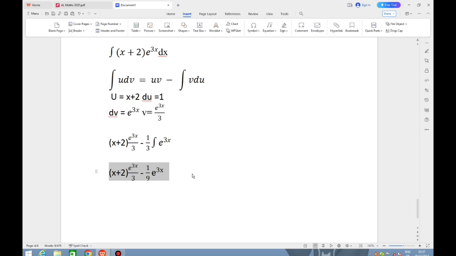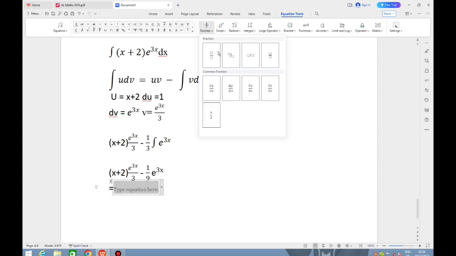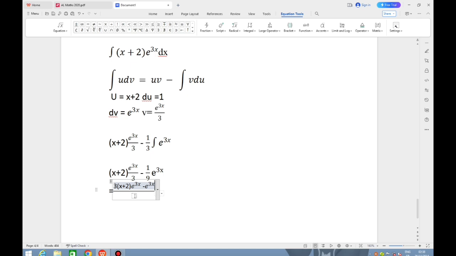We can decide to sum this up, do the mathematical computation. That's going to give us 9 divided by 3 is 3, so 3 times that is equal to 3 into x plus 2 times e to the 3x, minus e to the 3x, all of this on 9.